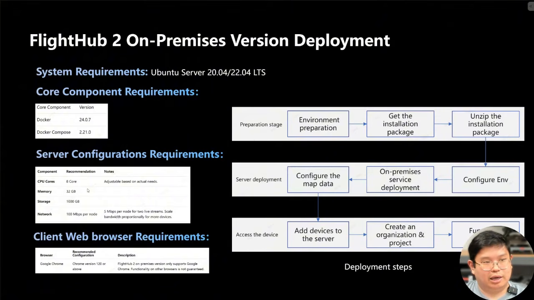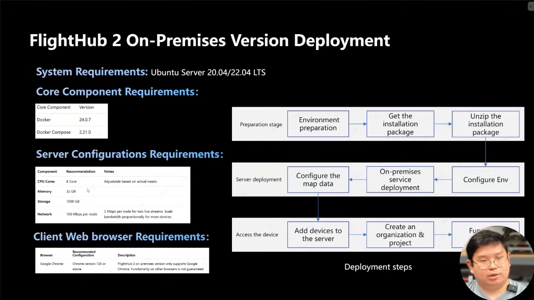Docker is a containerization tool for running FlightHub 2. There's a specific version we also require the user to install. Again, all these are provided in our deployment guideline, and we provide step-by-step command lines for users to apply in the terminal to set up the environment properly.